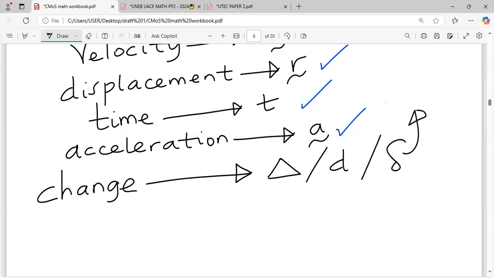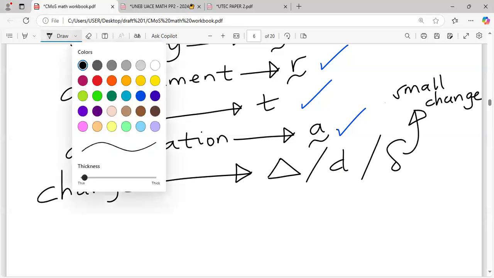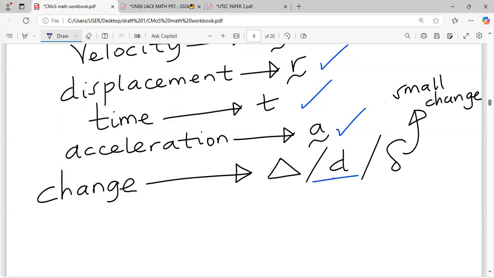However, this one in most cases means a very small change. But I'm going to take this, which is the most common. Or I can call it usual. It is the usual one. So it's what I'm going to take. A small d.